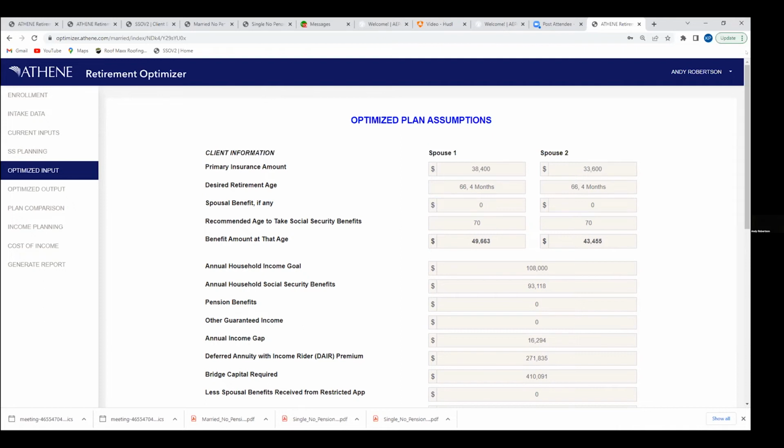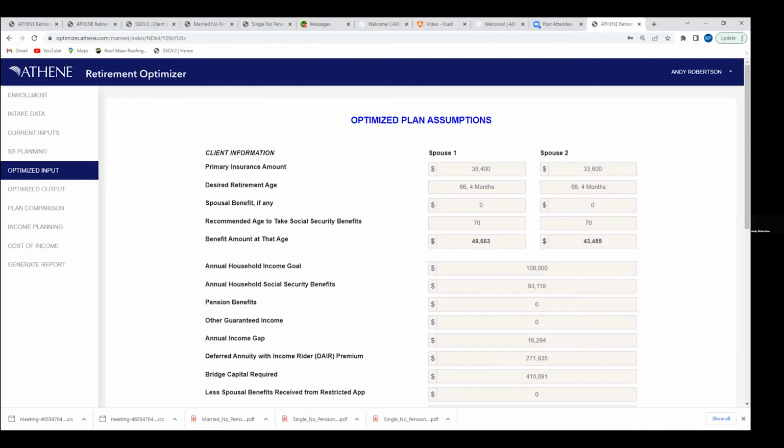But the question is, how can we make it better? Well, rather than use an asset allocation strategy, which I would argue is a financial planning concept that was introduced to deliver growth, not income, we can look at what I'll call a 21st century approach to delivering income, and I call it asset optimization.